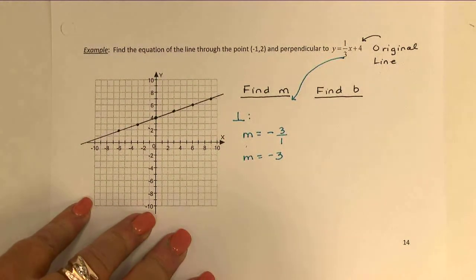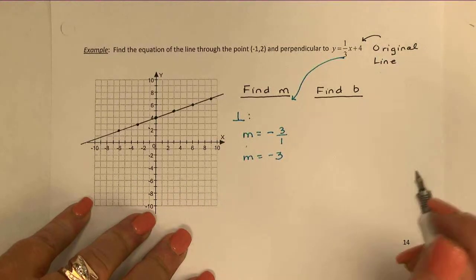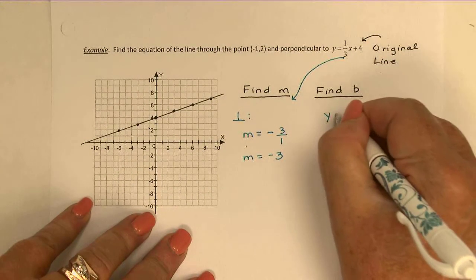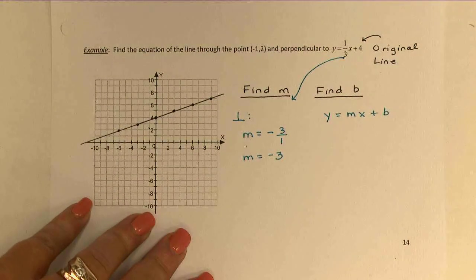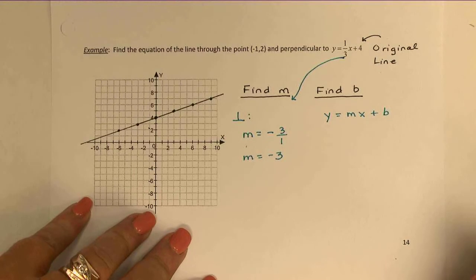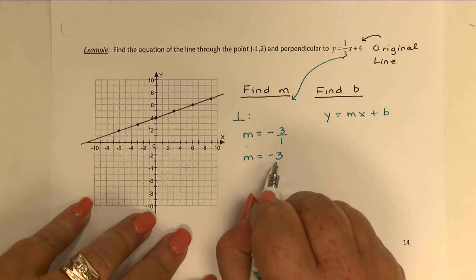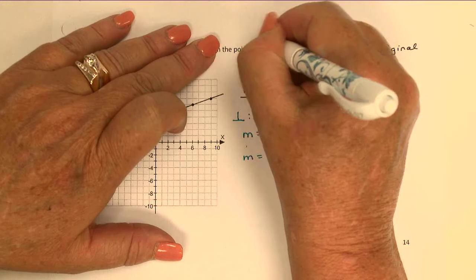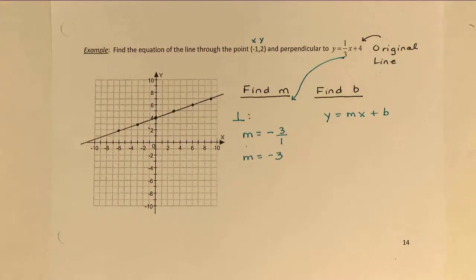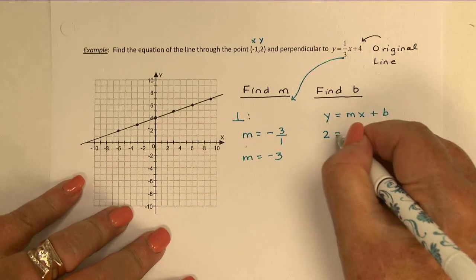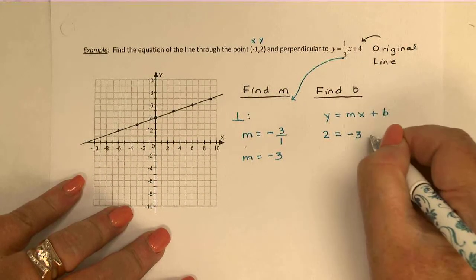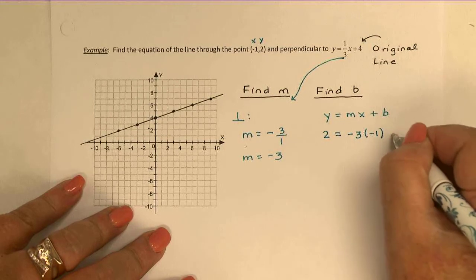To find b, since it wasn't given this time, I'm going to use my standard y equals mx plus b, our slope-intercept form of the equation of a line. And I'm going to plug in some values. We just got an m of negative 3. Let's use the x and the y that were given so that we can plug all that information in and solve for b. y is 2, m is negative 3, and x is negative 1.